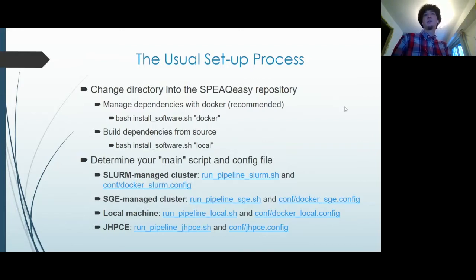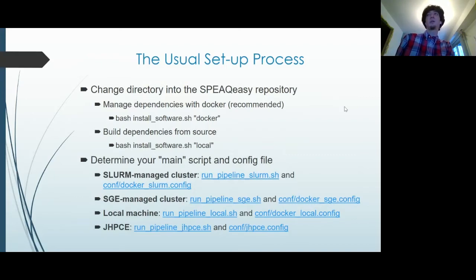So you would change directory into the speakeasy repository, and then you choose how you want to manage your dependencies. So we recommend doing that with Docker if it's available. And so the way you would install the pipeline once you've cloned it is to just run this bash script we have. So that'd be bash install_software.sh and Docker as a string if you're going to manage dependencies with Docker.